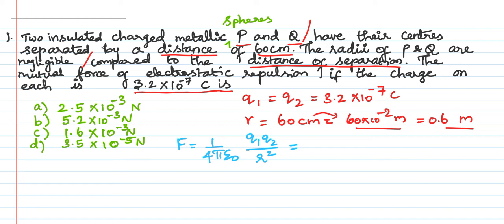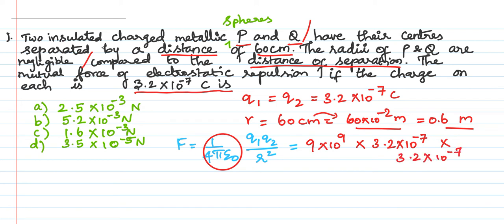solution. So 1 by 4 pi epsilon naught can be directly substituted as what? 9 into 10 to the power of 9. Okay? Into what is the charge given over here? 3.2 into 10 to the power of minus 7 into, don't forget to write it twice, otherwise you will forget the numbers to be multiplied.